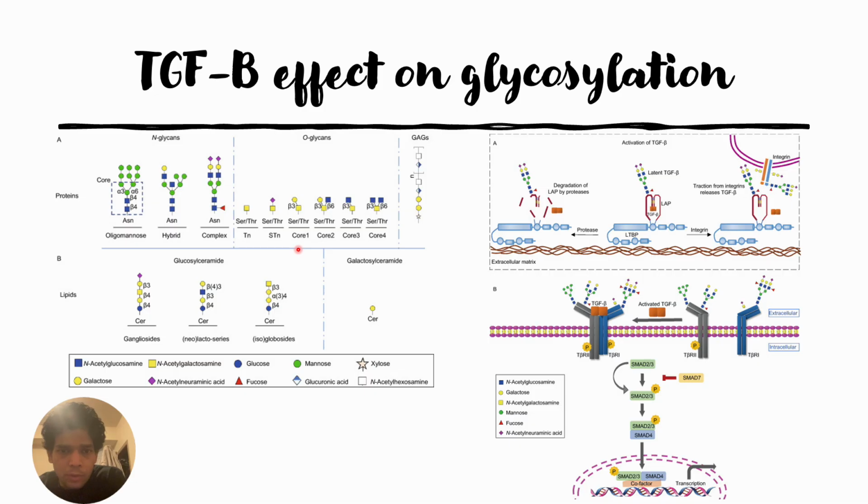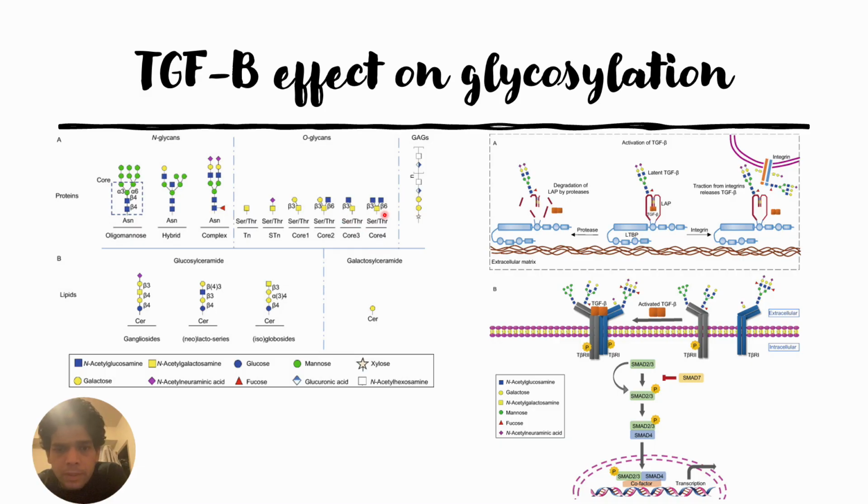Core 1 structures are where N-acetylgalactosamine is attached to galactose, and in core 2 structures, the galactose is attached to another galactose, and on the other branch, the beta 6 branch, it is attached to N-acetylglucosamine.